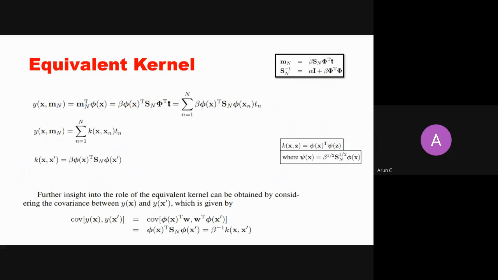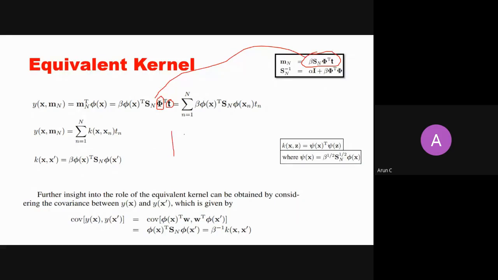I just replace this Mn, which is nothing but beta Sn phi transpose T here, right? And this X transpose is as it is. Then we see that this is nothing but the design matrix, right? You remember? This is the transpose of a design matrix. So there are the columns, and this is a target vector.